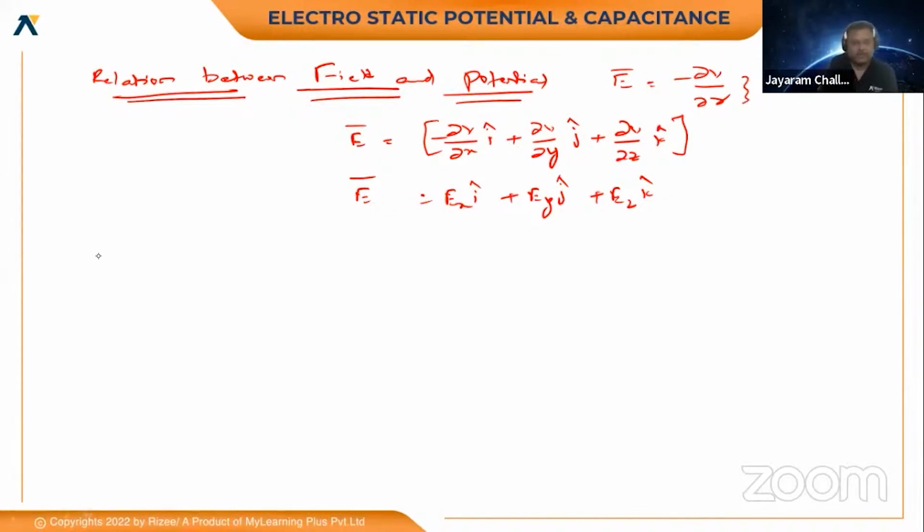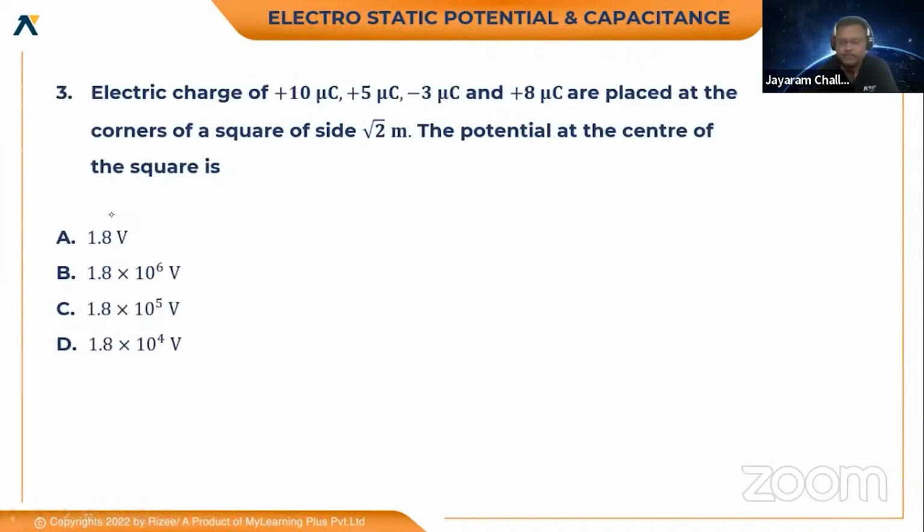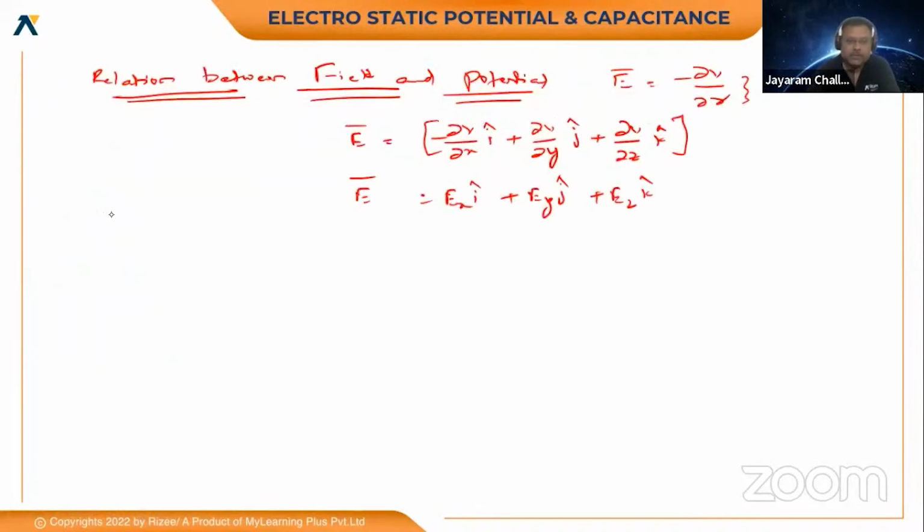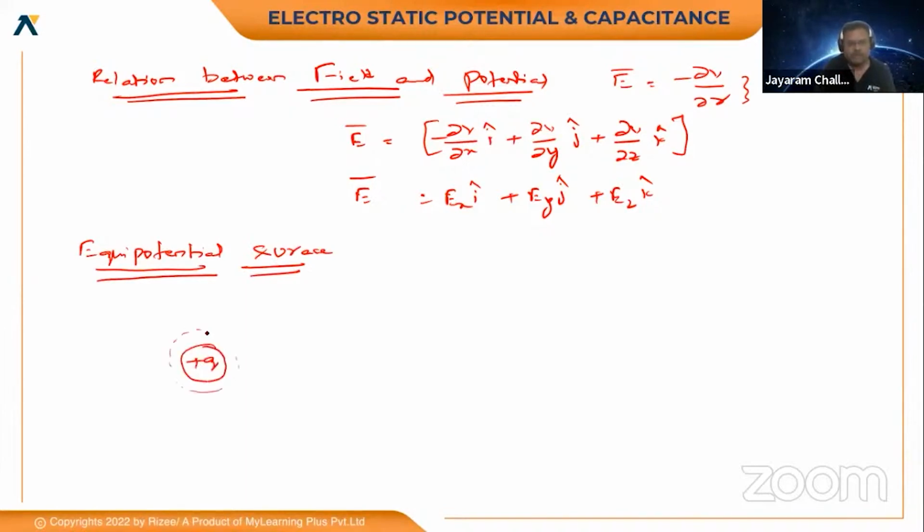Okay, so next we'll go for the equipotential surfaces. So what are equipotential surfaces? The surfaces on which at every point you have the same potential. Suppose there is a positive charge here, so it is surrounded by another one, like this, where the radius of these shells is going to be the same.